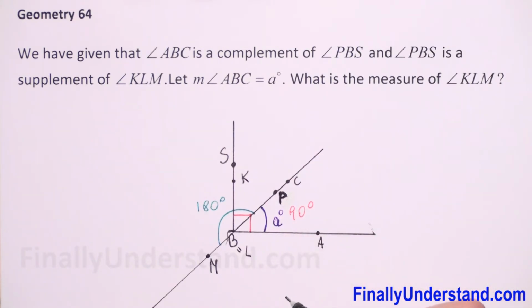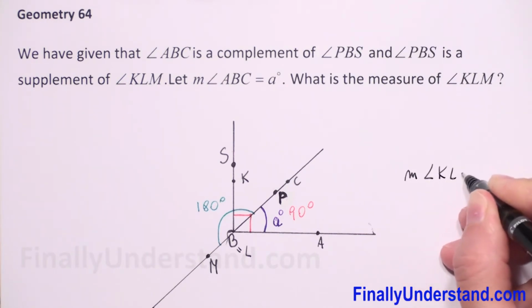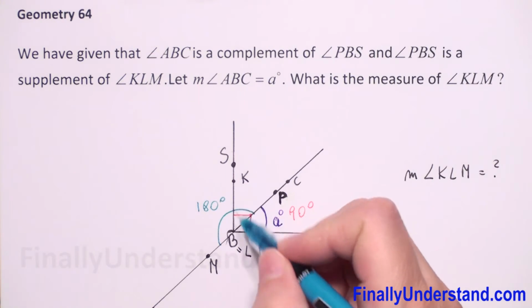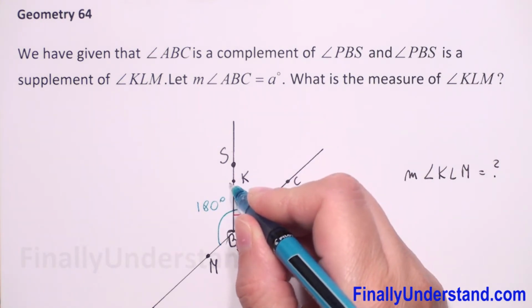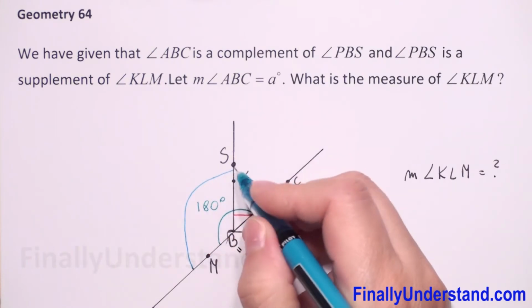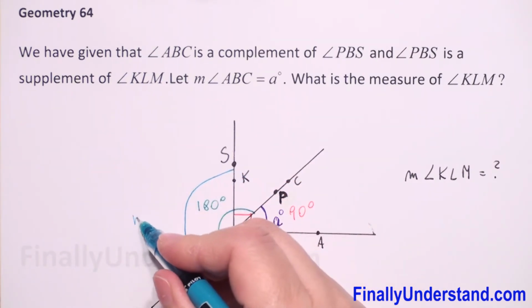Now we have to find the measure of angle KLM. This is our unknown. Let's put it in blue. This is the angle KLM, whose measure we have to find.